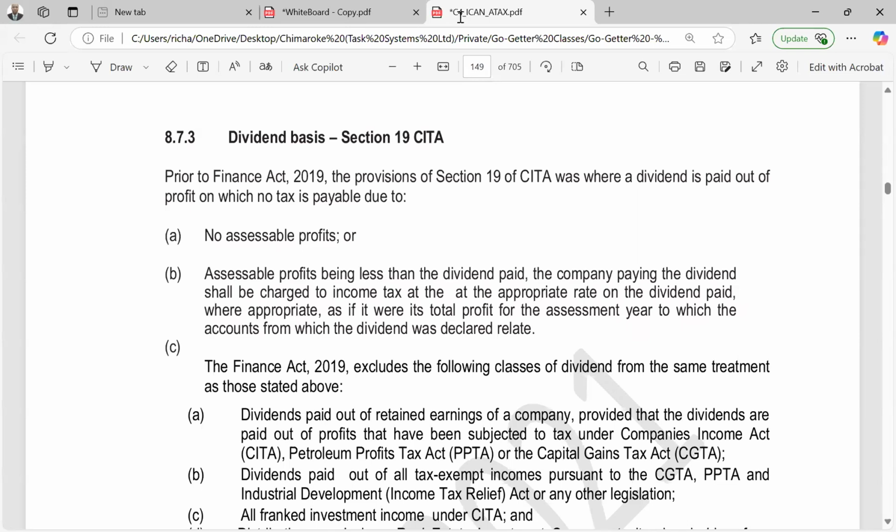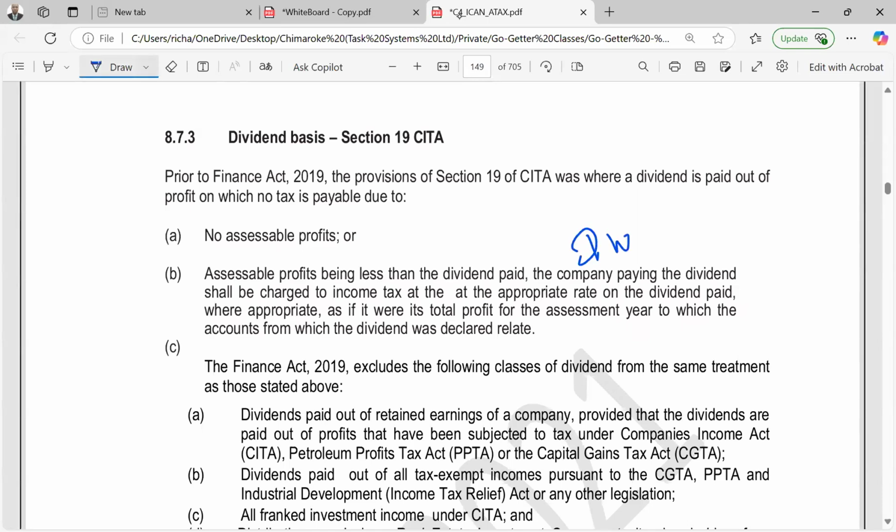It means that when your dividends paid out is greater than your accessible profit, your dividend is seen to be your accessible profit for the year.